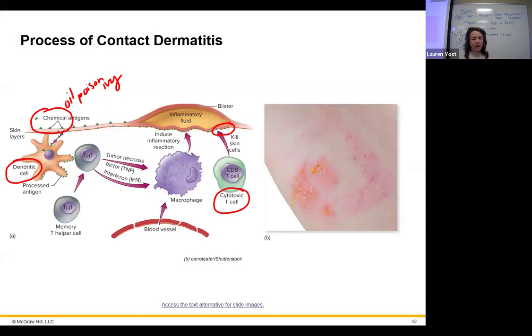So they see that as like a cell that's infected with poison ivy virus, basically, for whatever reason. That's how they see it. And then they go and attack and kill those cells.